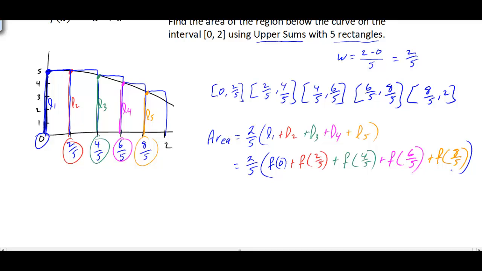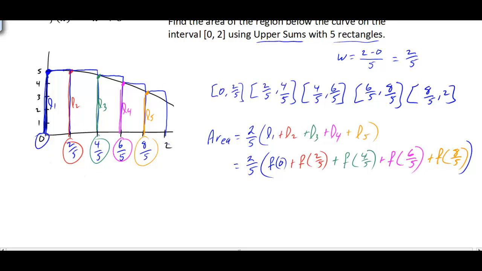Okay, now don't make the mistake and use the 2, because notice we said 0, 2/5, 4/5, 6/5, 8/5, so that gives you 1, 2, 3, 4, 5 rectangles. That's all we need. We're talking about 5 rectangles, so there's the 5 lengths. If we were trying to use 2 again, then we're trying to calculate the length of this very last rectangle again. So be very careful.